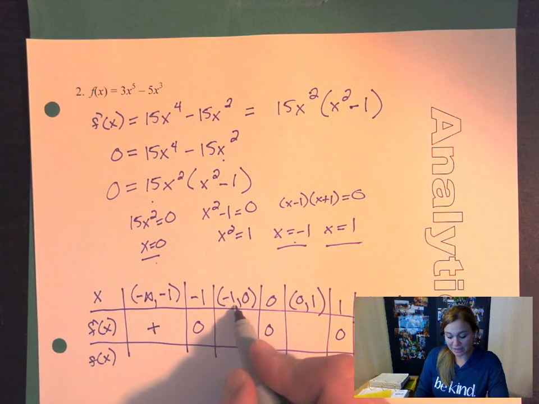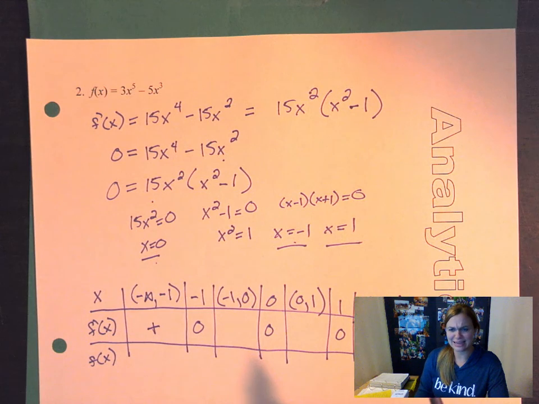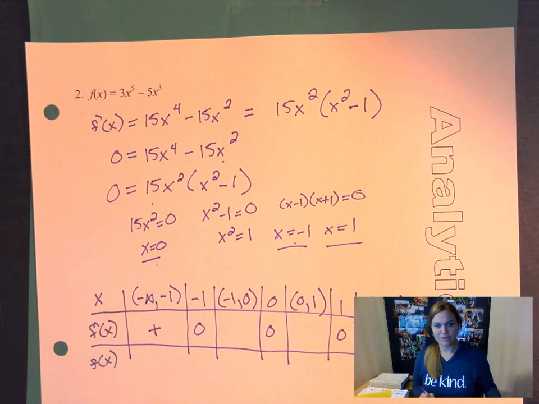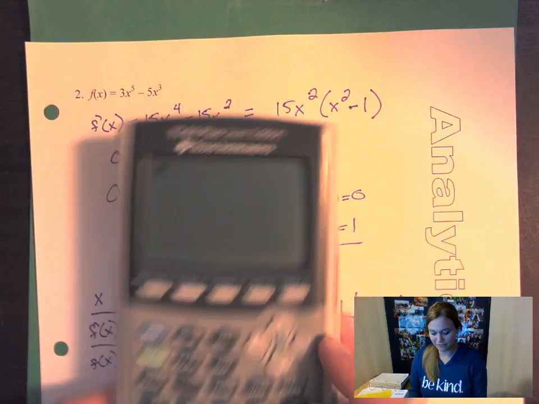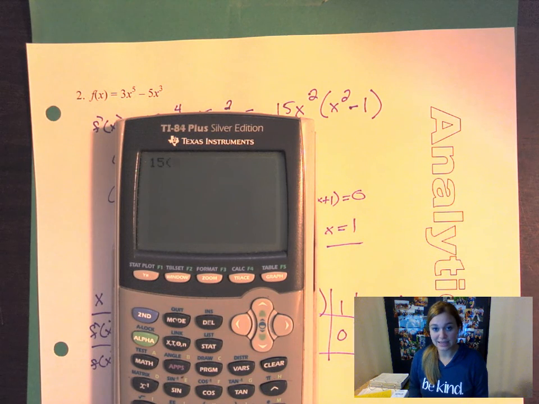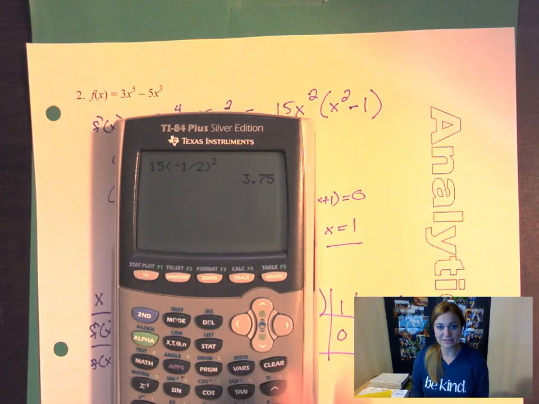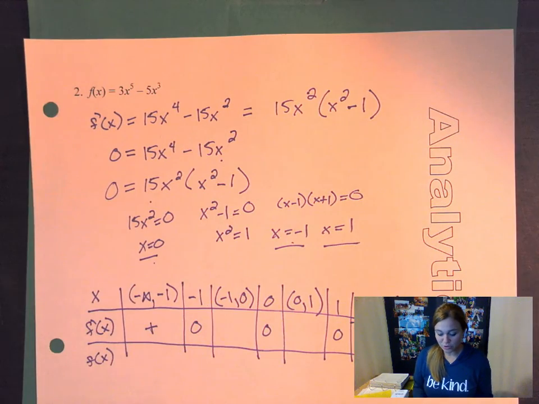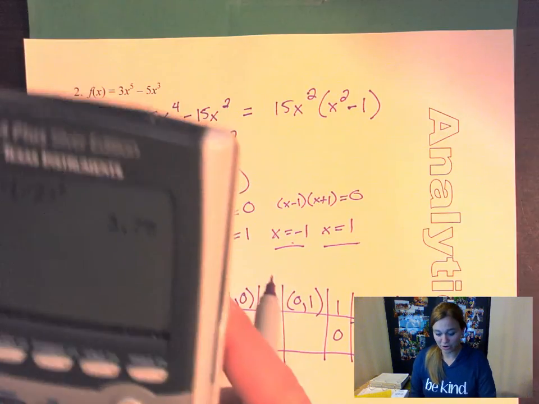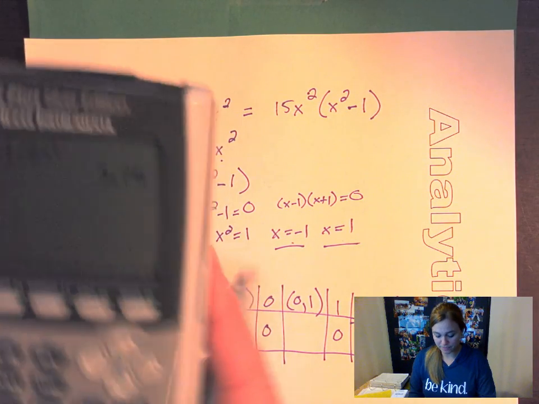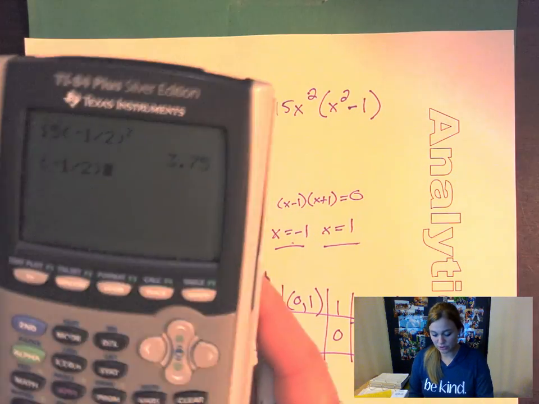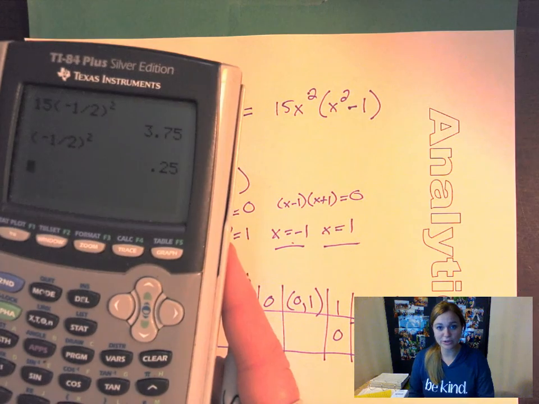Picking a number from negative 1 to 0, I'm going to pick negative a half. So if you think about this, 15 times negative 1/2 squared is still going to be positive because I have negative times a negative. It doesn't matter what this number actually is. But then when you do negative 1/2 squared on the inside, make sure you put in parentheses, I get 0.25 minus 1.